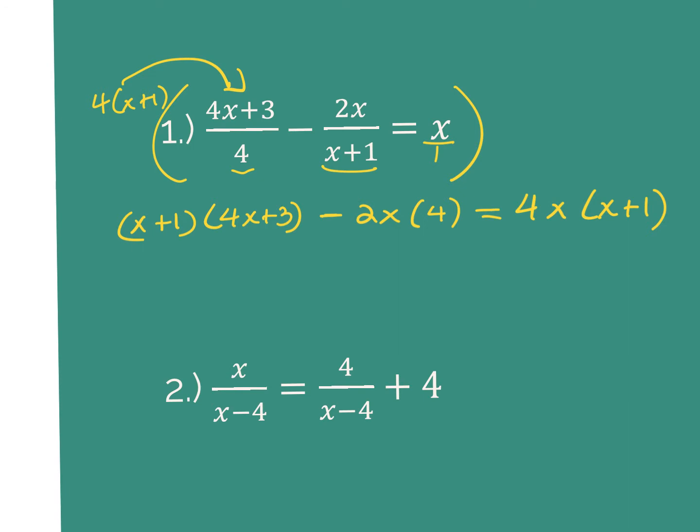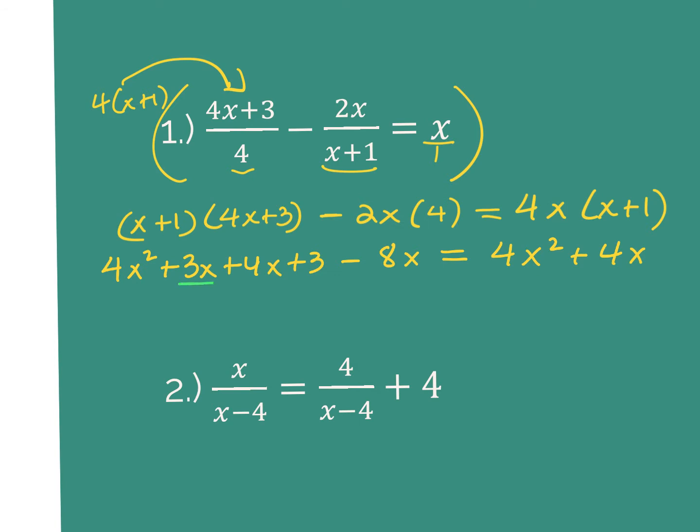So I'm going to FOIL, and I get 4x squared plus 3x plus 4x plus 3. The middle, I'm just going to multiply the negative 2x and the 4. The right side, I'm going to distribute. And now I'm going to combine like terms over here.